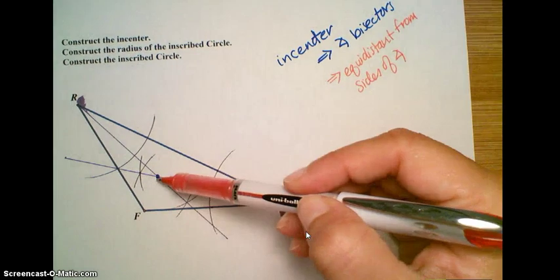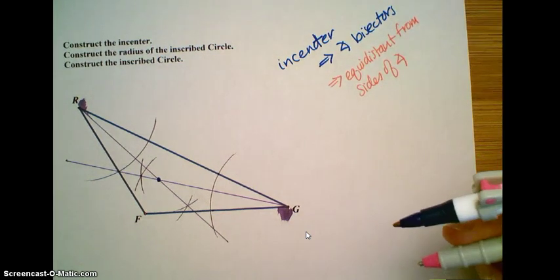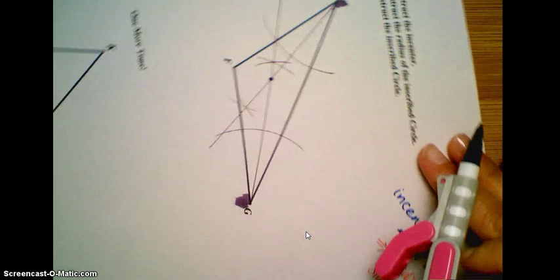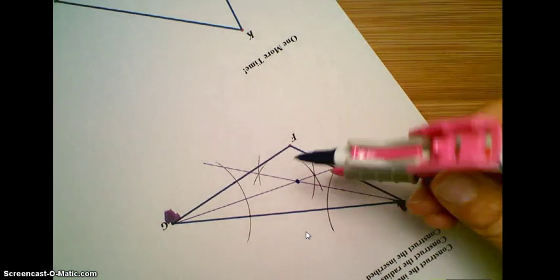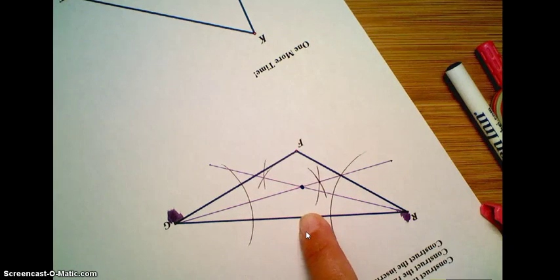So picture it if you will. The way that we create a perpendicular from a point to a line is we do our old friend, the boat. So just to make life easier, I'm going to turn my triangle around, and I'm going to create the perpendicular from the incenter down here to side RG.